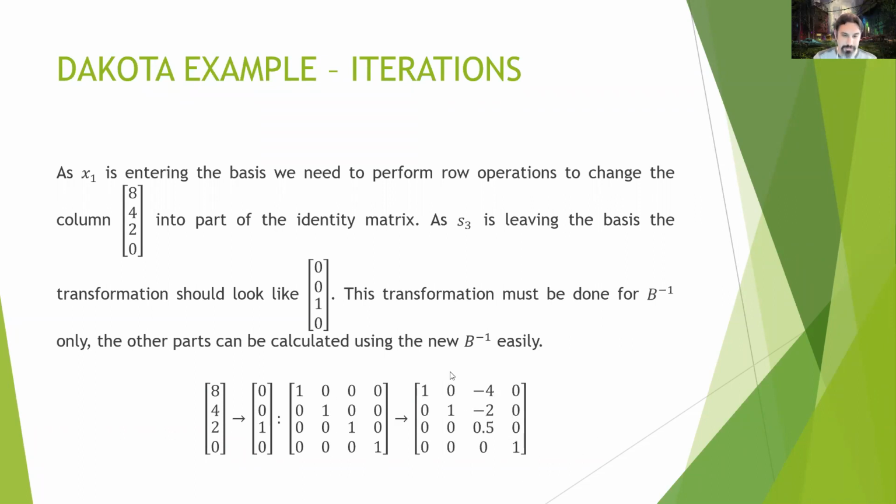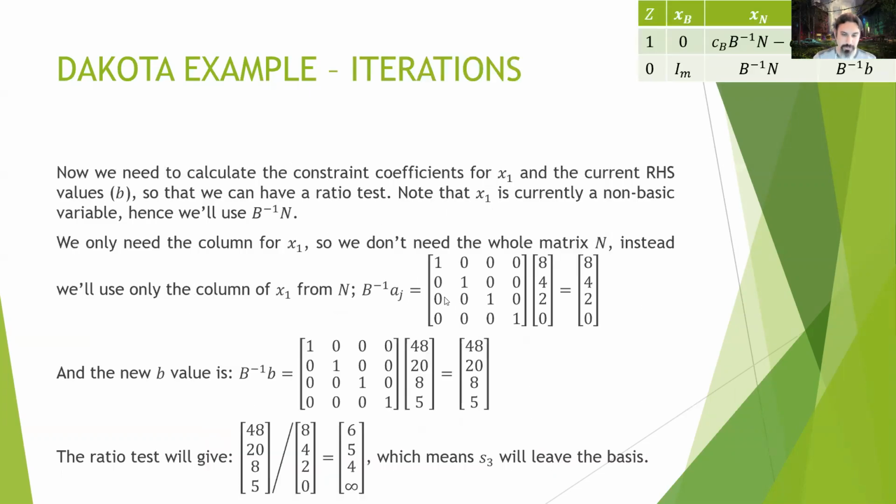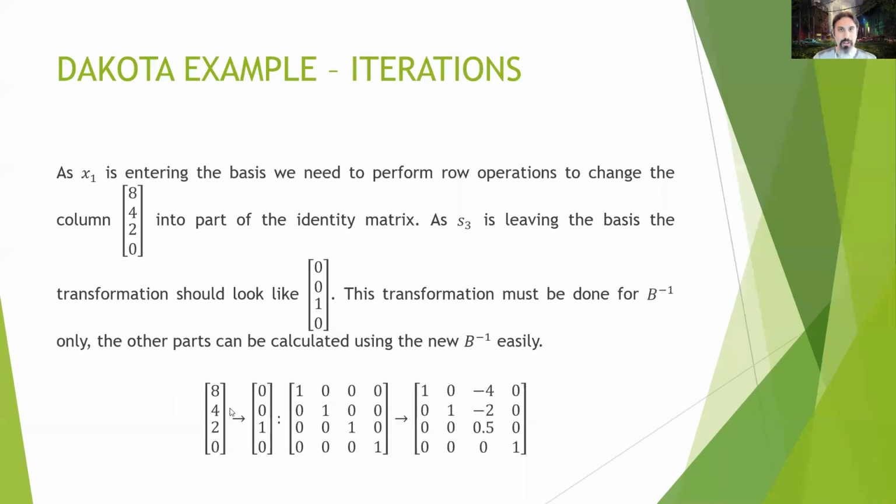So as I said, we will just replace the B value over here. The 0010 will be replaced by 8420. And then we can find the B inverse from this new B, but we don't need to do that. Instead, we can just use our iteration itself. So what we need to do is change this column into this column, part of the identity matrix.